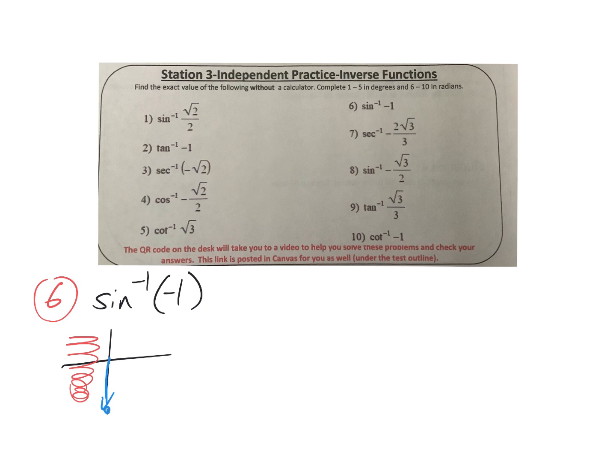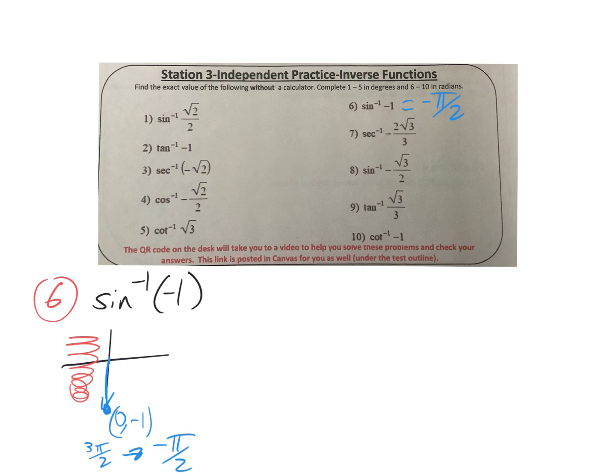This point is, of course, (0, -1), okay? And this point is at what we say is 3 pi over 2. But remember, everything in quadrant 4 is listed as a negative, so we call this negative pi over 2, okay? In the degree version, this is -90 degrees, okay?